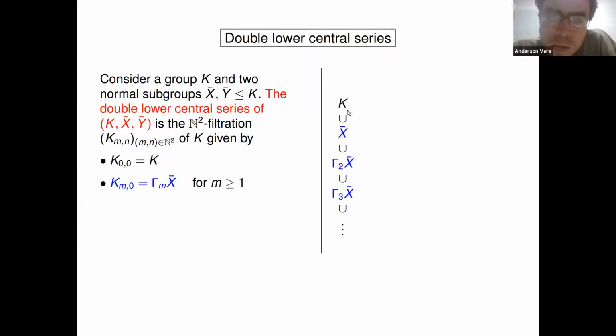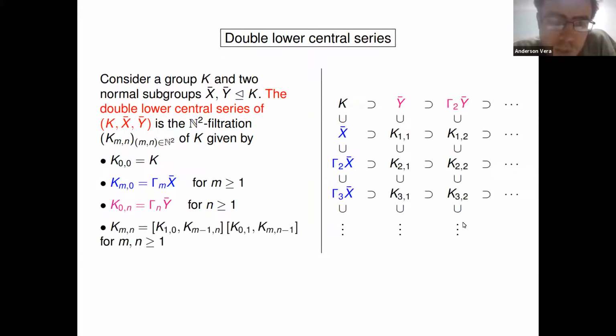In this column, we consider the lower central series of X, and in this row, we consider the lower central series of Y. Now we fill this square using a similar condition as in the case of the lower central series. The term Kmn is obtained from the two previous terms by taking commutators with the base steps.